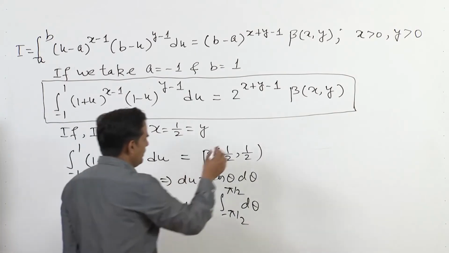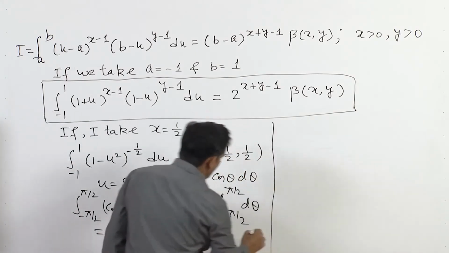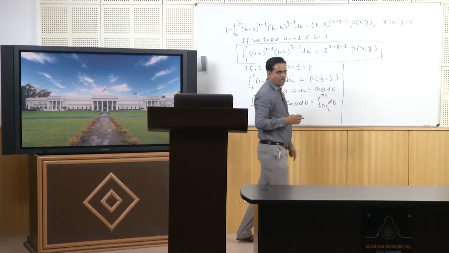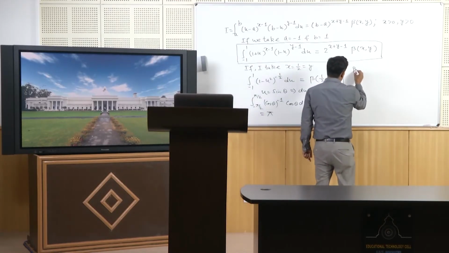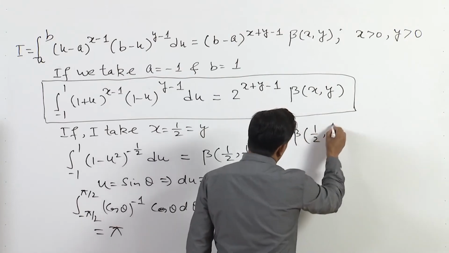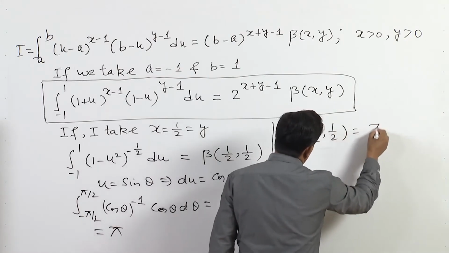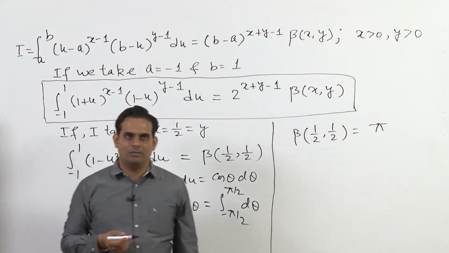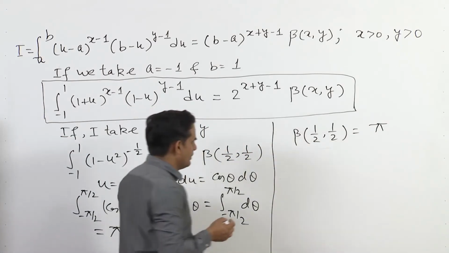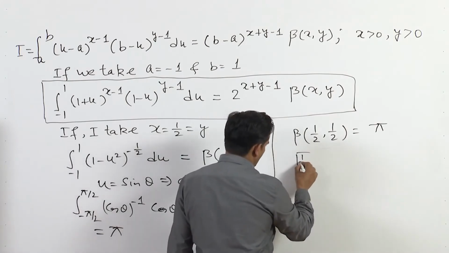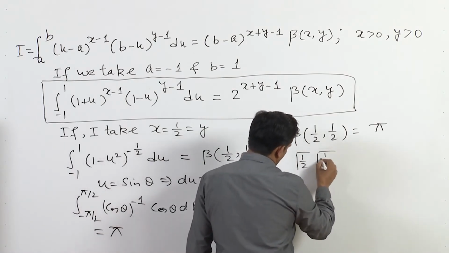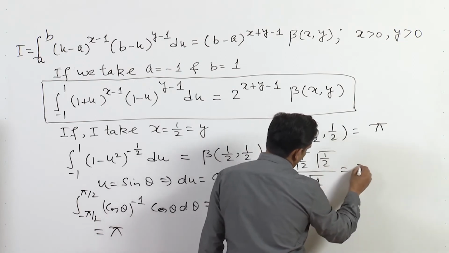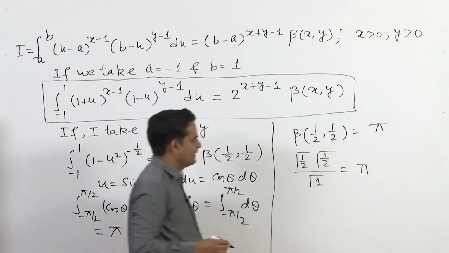So, what do I have? My left hand side integral is giving me pi, right hand side is beta half comma half. So, beta half half equals pi. Now, if we see the relation between beta and gamma function, it will be gamma half squared upon gamma 1 equals pi.